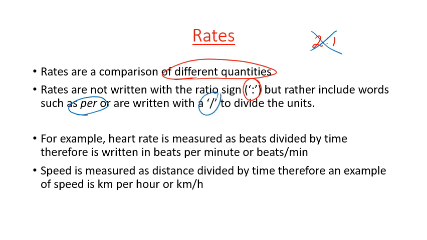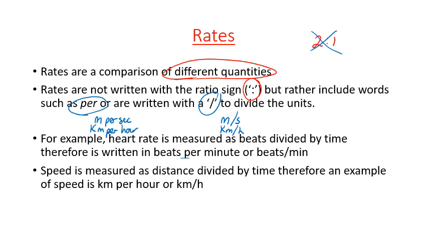So it might be meters per second. It might be kilometers per hour. Another example is heart rate. Heart rate is measured in beats divided by time, so it is beats per minute.